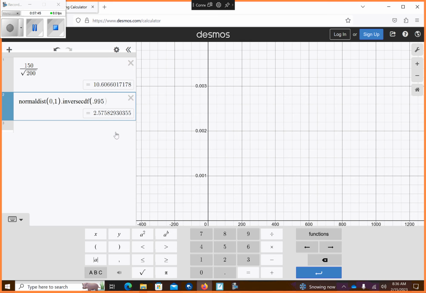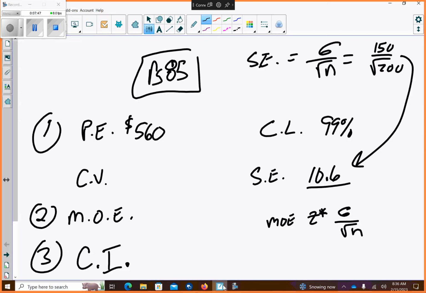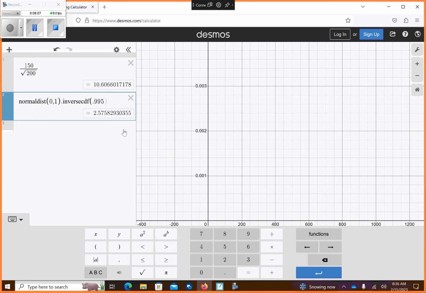So our critical value is going to be 2.58. Once we found that, then we can start plugging in. That was doing the inverse norm. And our margin of error is going to be 2.58 times this.